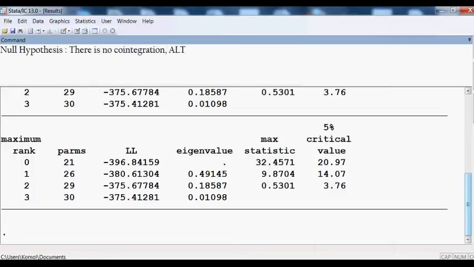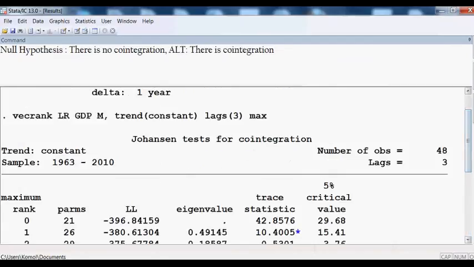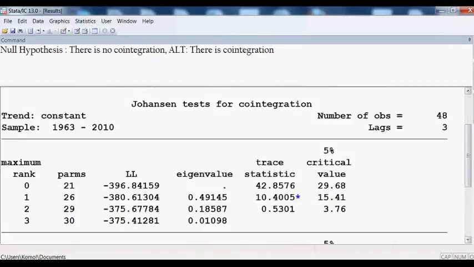And the alternative hypothesis, I said there is co-integration among the 3 variables. Okay, so here maximum rank, and this 0 means there is no co-integration among variables, right? That is the null hypothesis. And here is the trace statistics, and here is the 5% critical value.